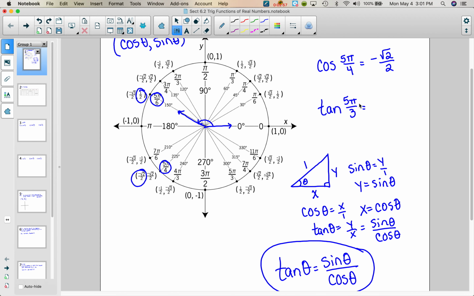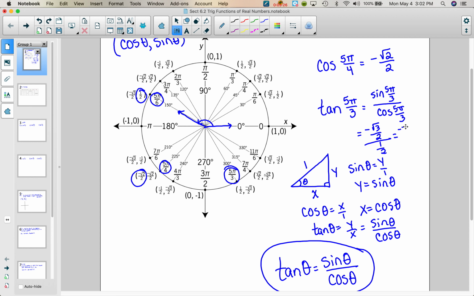So if we want to know tangent of 5 pi over 3, we have to first figure out sine of 5 pi over 3 and put that over cosine of 5 pi over 3, because you're going to do sine over cosine. So then you look over here and you find 5 pi over 3, which is here, and you're going to put the sine value on the top, so negative square root of 3 over 2 divided by 1/2.